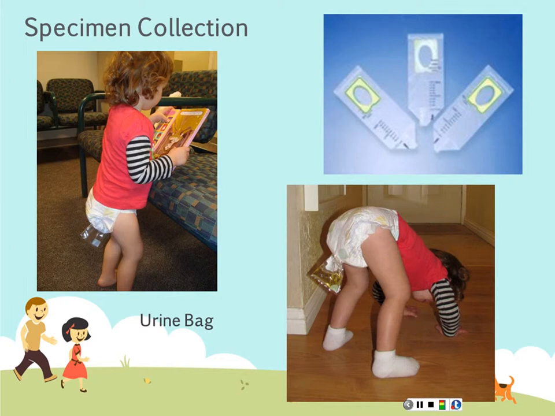So if it is a male child, it needs to fit around their whole scrotum and penis. If it is a female, it needs to fit around that whole urethral opening and be able to stick down well in order for it to be effective.